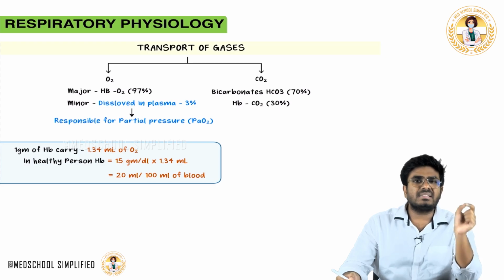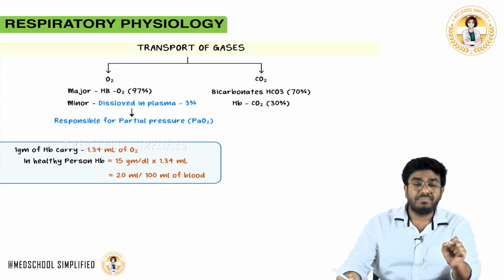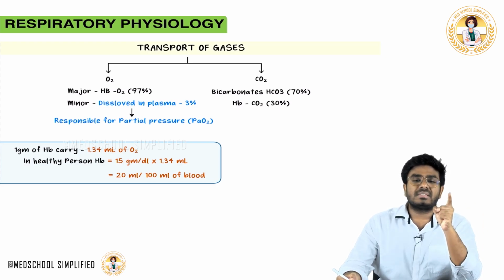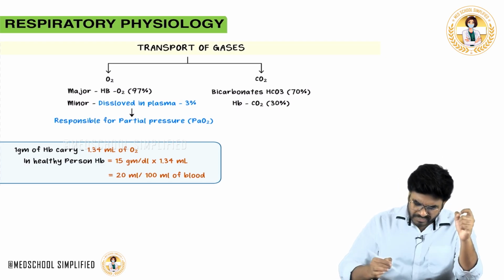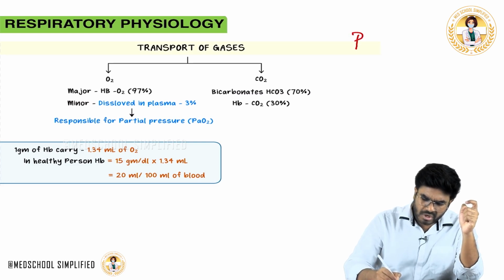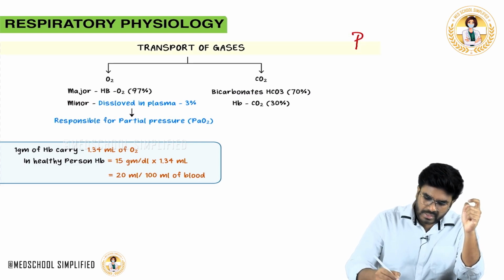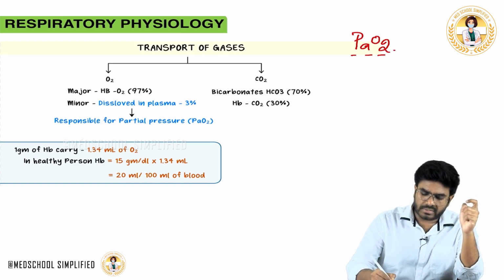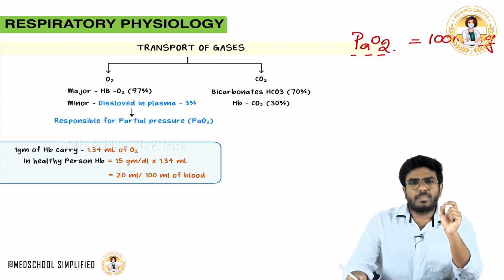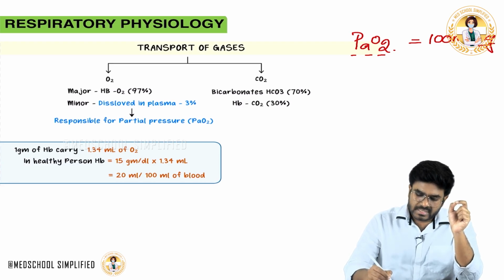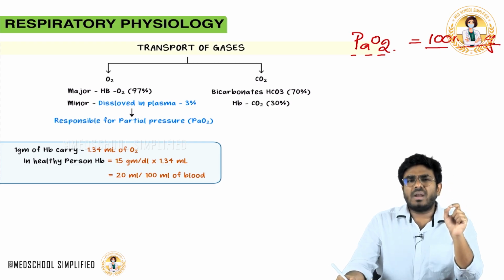Now if oxygen is dissolved in the plasma, that oxygen is the one responsible for the partial pressure of oxygen. If I say the partial pressure of oxygen in the arteries is 100 mmHg, what do I actually mean?